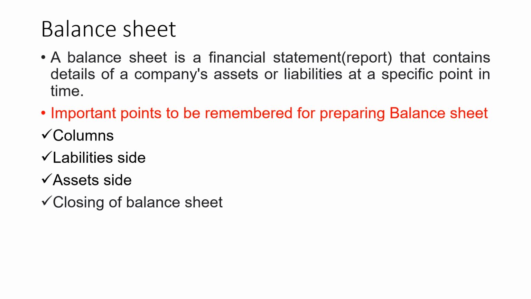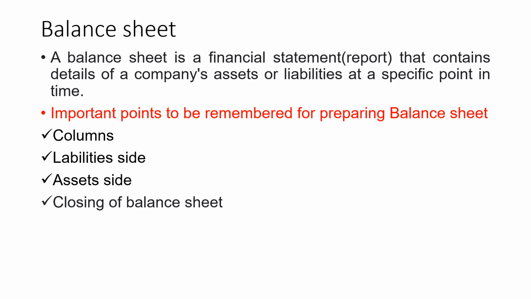Now, important points to be remembered for preparing the balance sheet. The number of columns for preparing the balance sheet is four: on the left hand side the liabilities column and amount column, and on the right hand side the asset column and amount column. On the liability side, we write all liabilities.